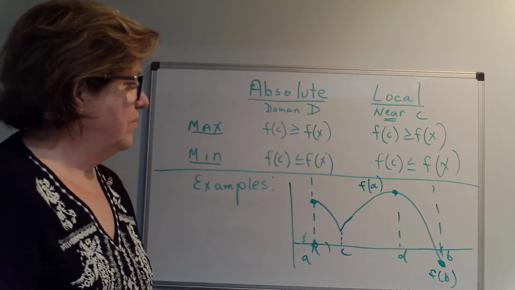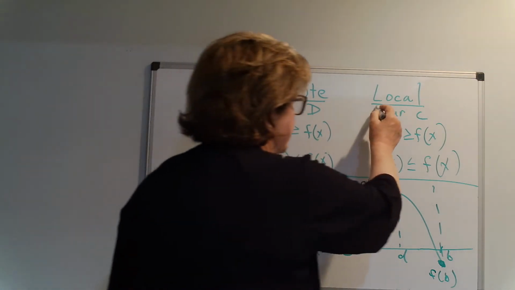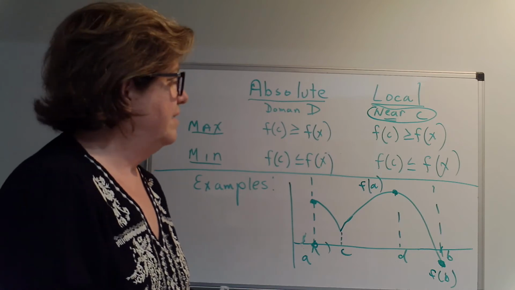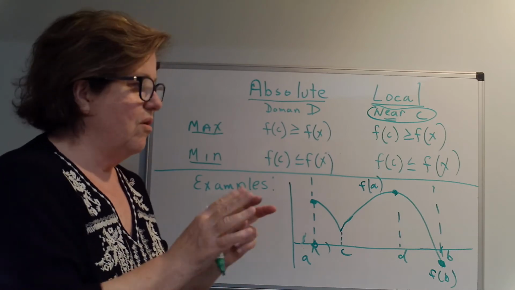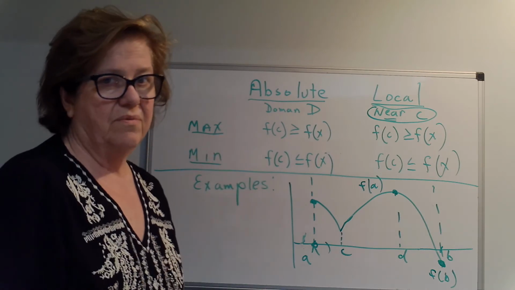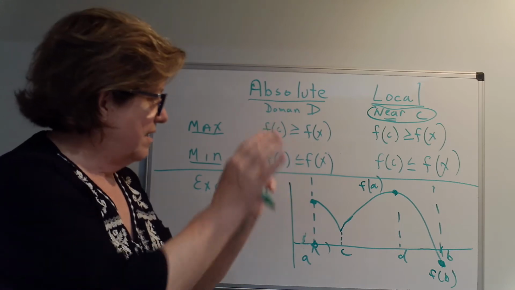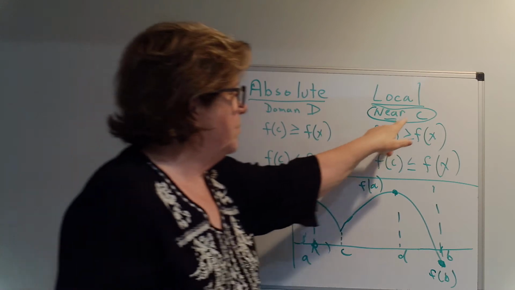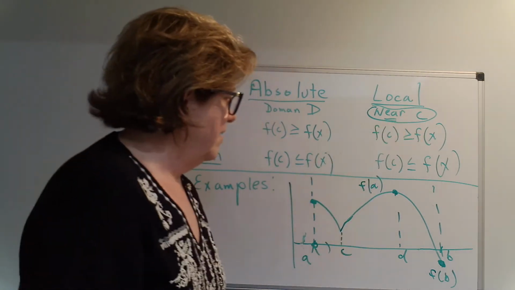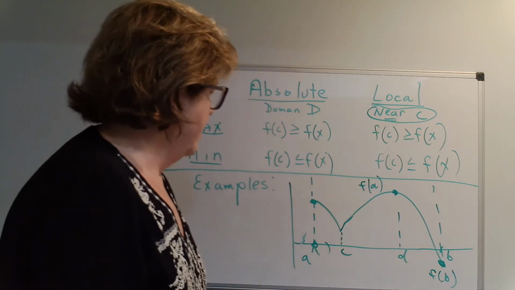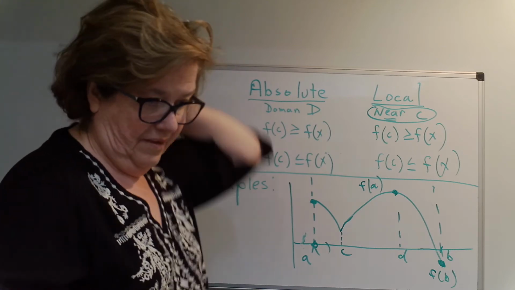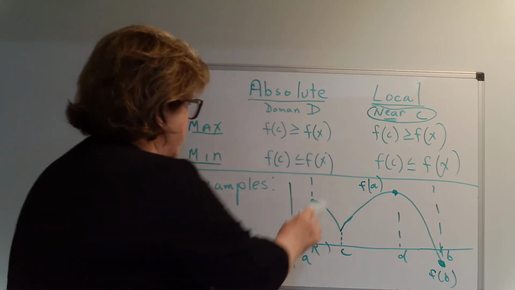It's not going to be a local minimum because of how we said we have a local minimum or maximum when we can take all the values in an open interval around C. So we've got to be able to approach this point from two sides. But this is an absolute minimum. Okay, one other example.